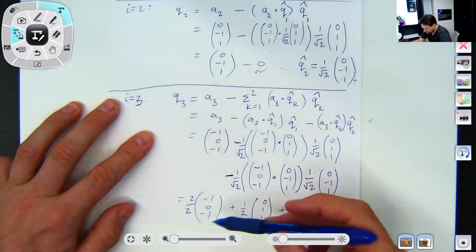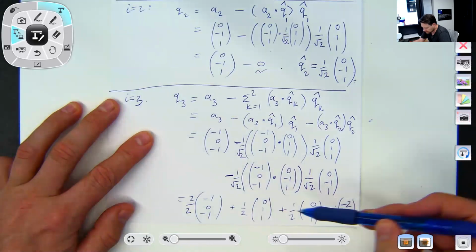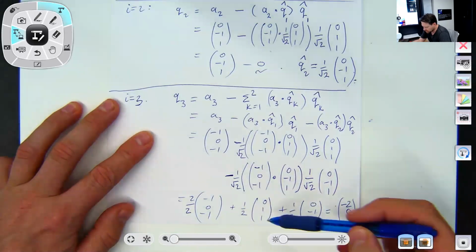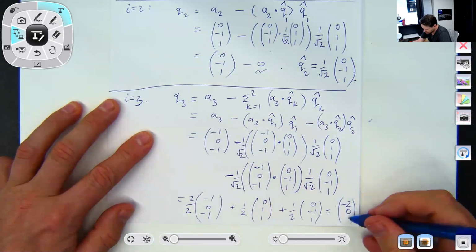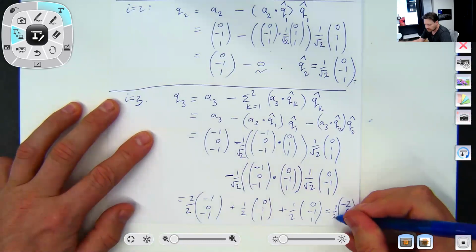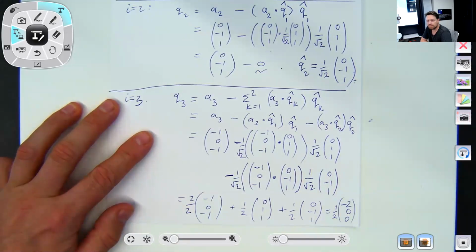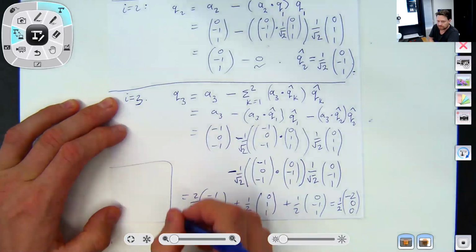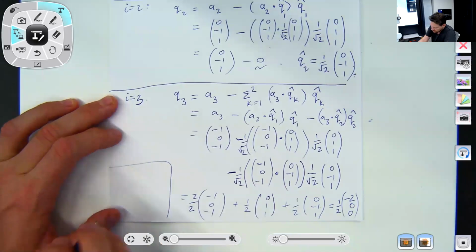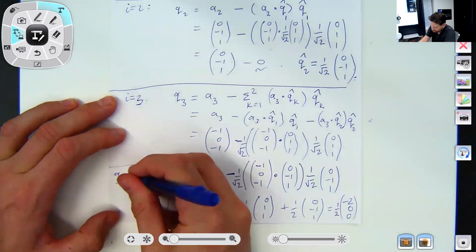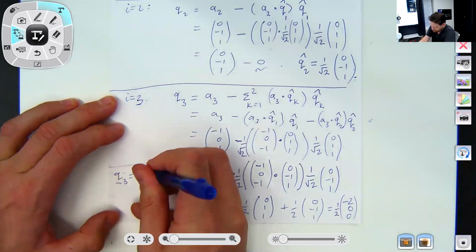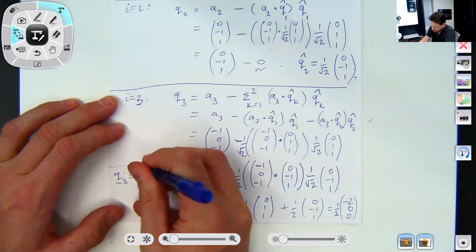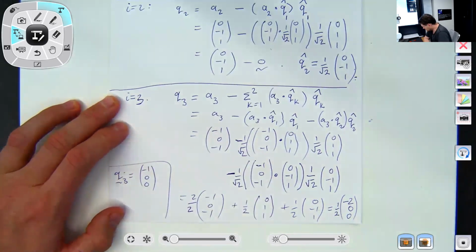And then we have minus 2 plus 1 plus 1, again, that's 0, and then we have this 1/2. So this is minus 1, 0, 0. All right, so I'll just write this in the corner. Q3 is minus 1, 0, 0. And that's already a unit vector, isn't it?